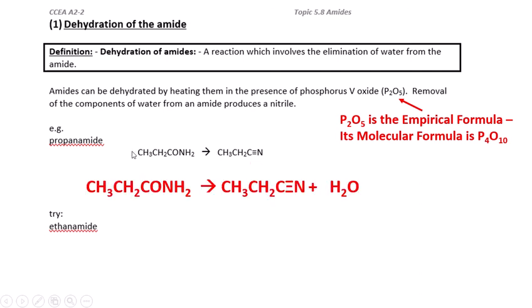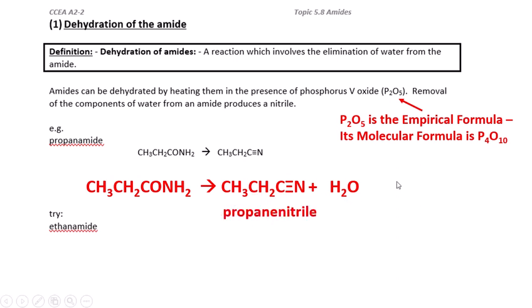If you're putting an equation, so basically the heating of it, P2O5 is not really part of the reaction as such. It's almost like a catalyst for it, but it helps remove the water. And what happens is you put the amide, CH3CH2CONH2, you'd form the corresponding nitrile. And this one, because that's the first carbon of the nitrile, 1, 2, 3, that's going to be propane nitrile.